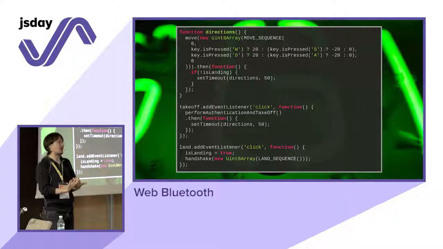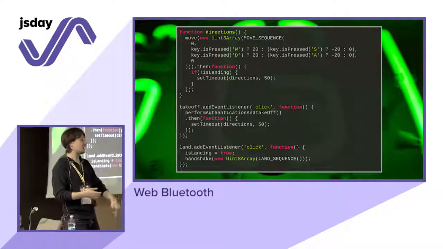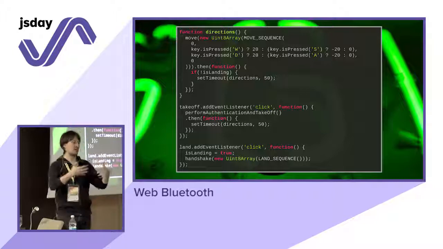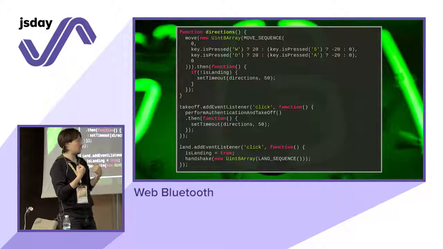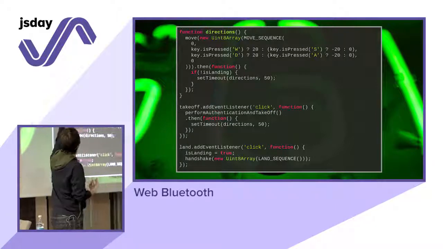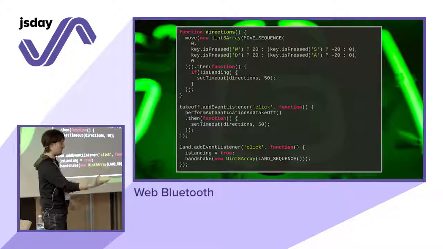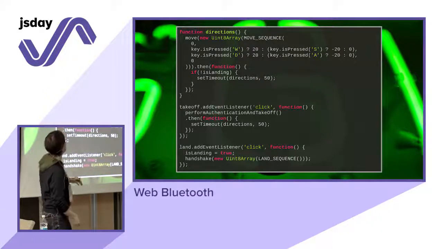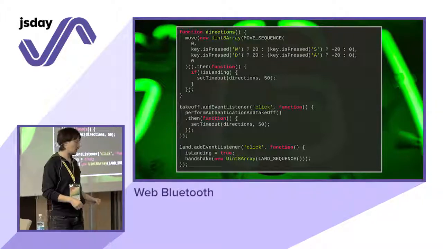So it fits really well for keyboard control, because you can say every time the key is down, apply some force to move it forward, and when the key is up, remove the force. It's super straightforward to implement, because it just says invoke the move sequence on the Bluetooth characteristic, which is this long sequence of instructions.